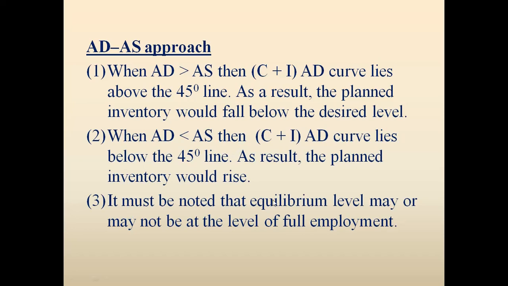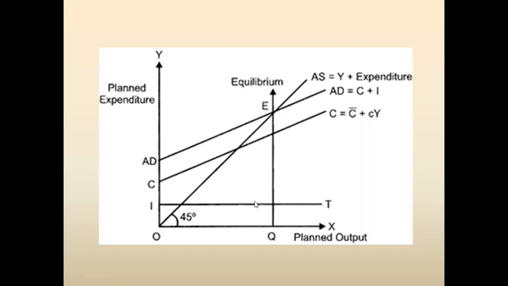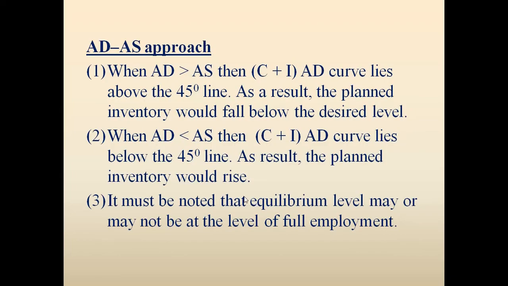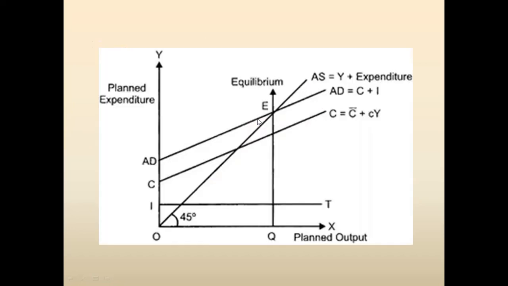And it must be noted that the equilibrium level may or may not be at the level of full employment. Remember, this is a very important concept of the AD-AS approach. It's very simple. Whether your aggregate demand is more than aggregate supply or less than aggregate supply, in both these cases, the market will be in equilibrium.